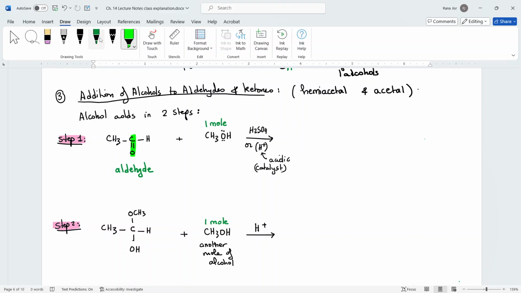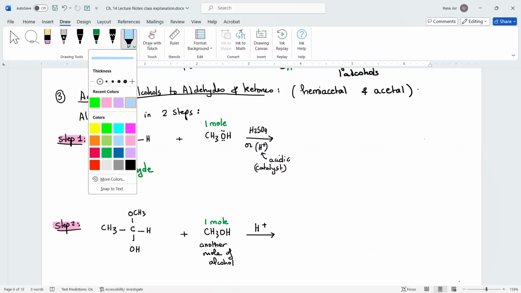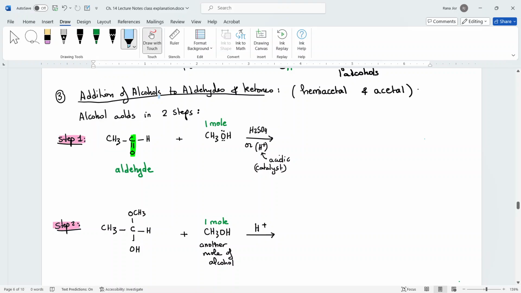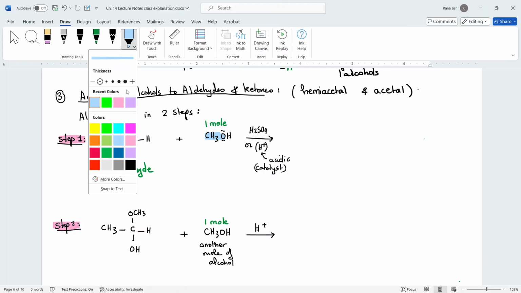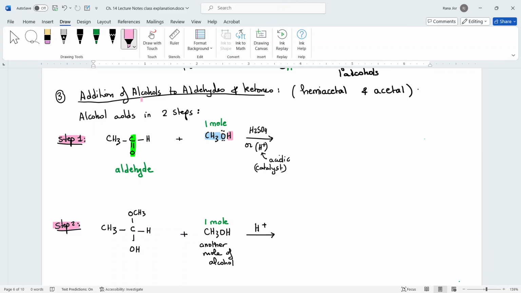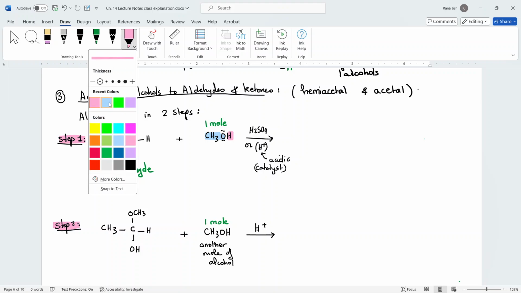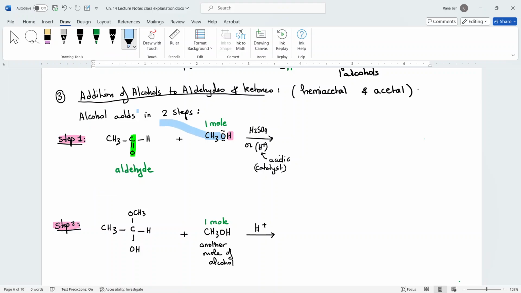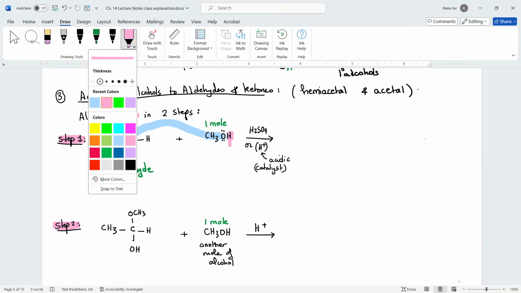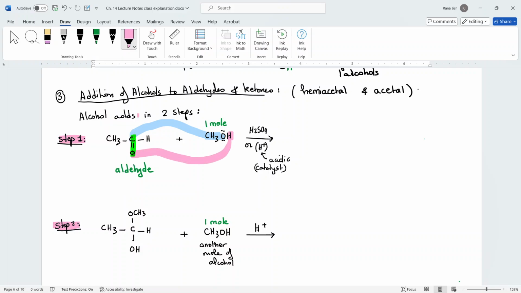So in this type of reaction, what I am adding is two things. I am adding the OCH3 and I am adding the hydrogen. Okay? The OCH3 is going to add to the carbon of the carbonyl. And then the hydrogen is going to add to the oxygen.